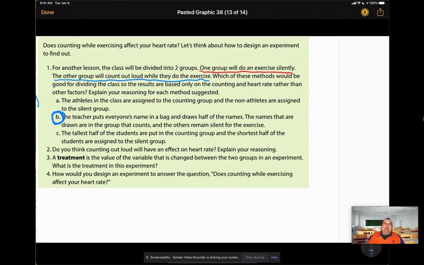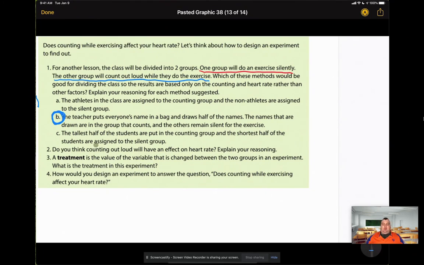It might be slightly higher or slightly lower, but not a very significant effect. So that would be my opinion for number 2. Your opinion may be different. Really, the name of the game is how you explain why you feel one way or the other.